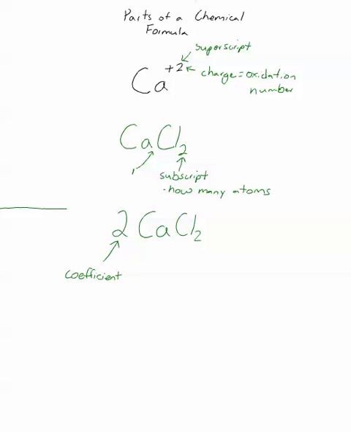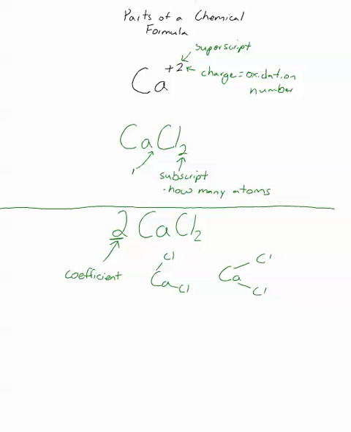If we have 2CaCl2, okay? What that means is I've got a Ca and it's got 2 Cl's attached to it. Okay, that's how I got my 1 calcium and my 2 chlorine. But because I have this coefficient in the front, that means I actually have 2 of these.